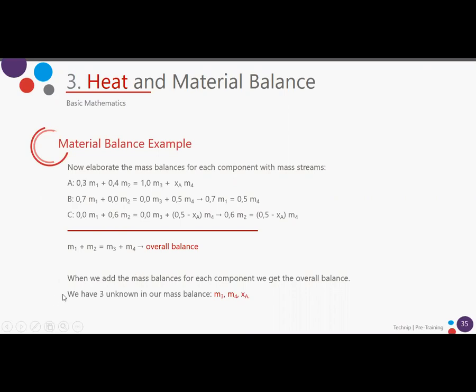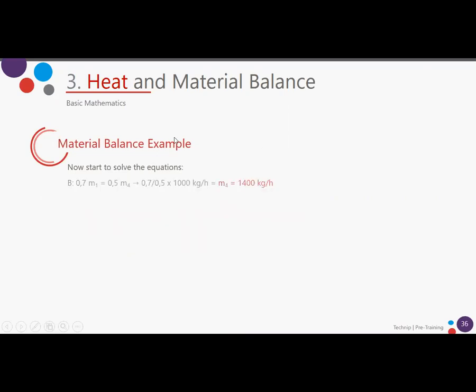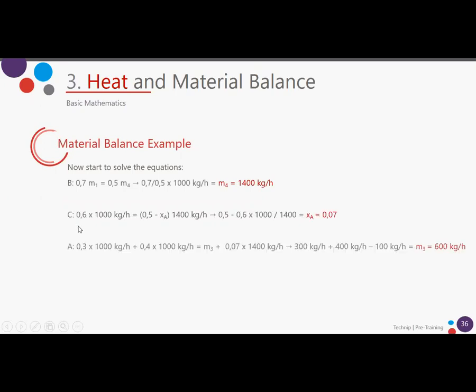And we know that we have 3 unknowns in our mass balance: M3, M4, and the mass fraction of A. So we have 3 equations and 3 unknowns, so we know we can solve our problem. So we start and solve our equations.